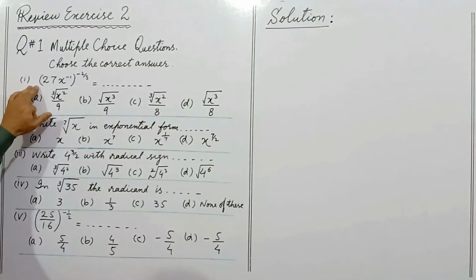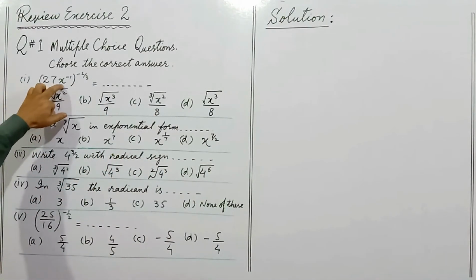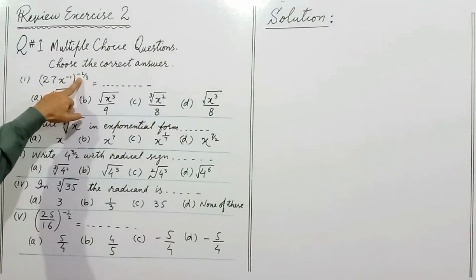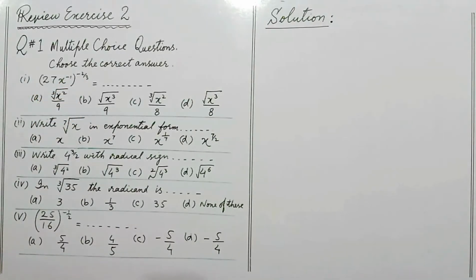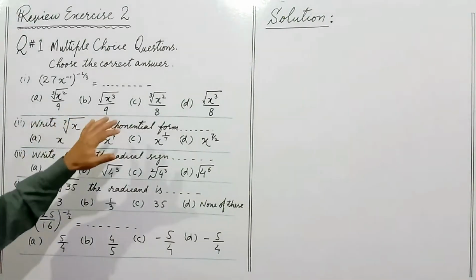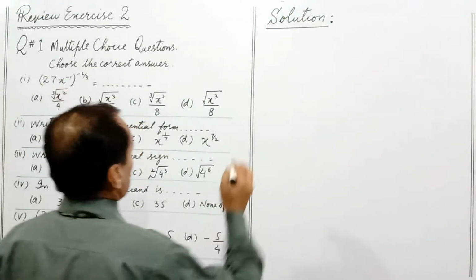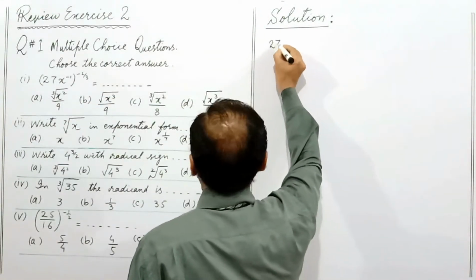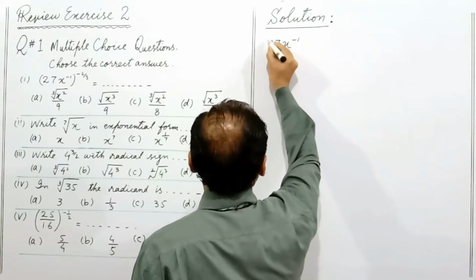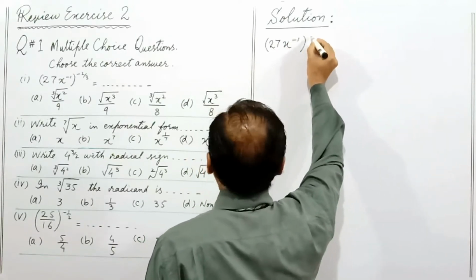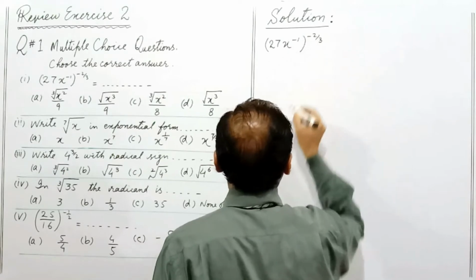In part 1, we are given (27x^-1)^(-2/3). We have to apply the laws of exponent to find the right answer from the four options. So let's do the solution. (27x^-1)^(-2/3).